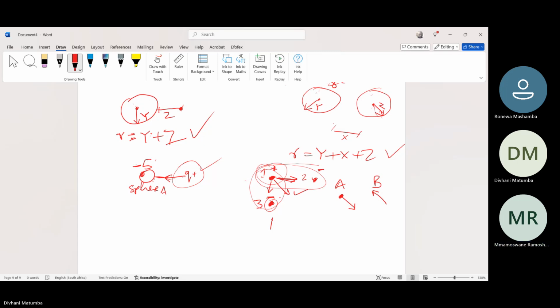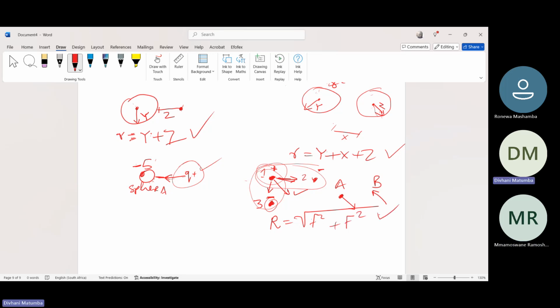If we know the force between 1 and 3 and the force between 1 and 2, we can then use Pythagoras, or if we're given an angle, we can use it.